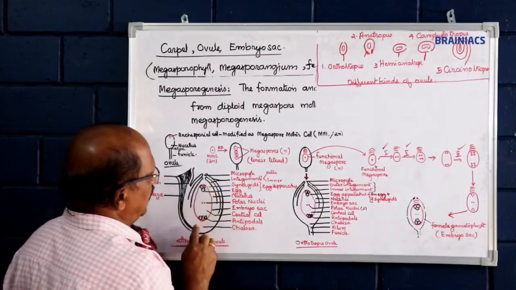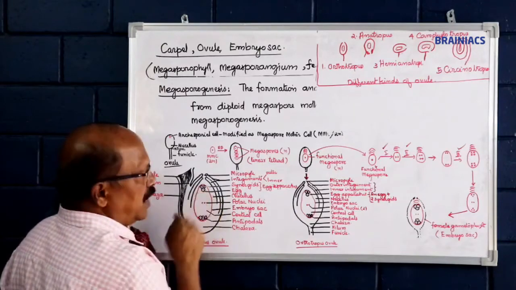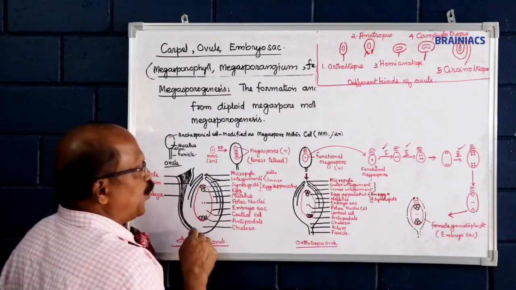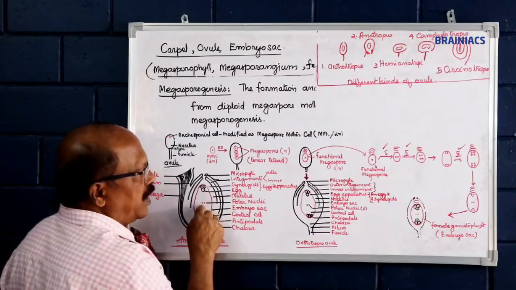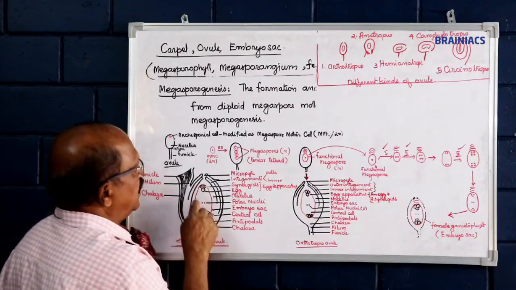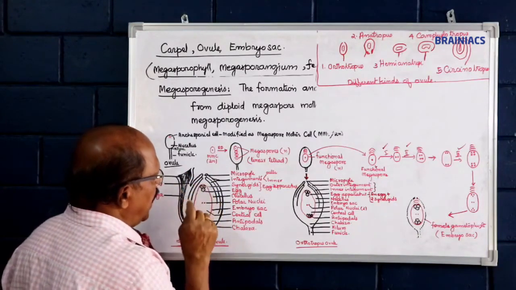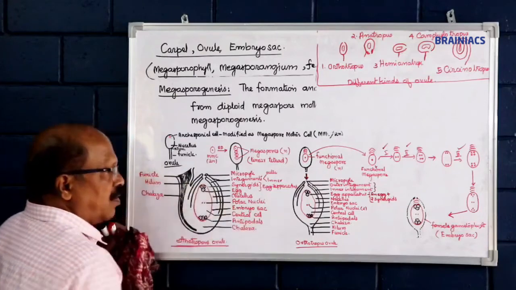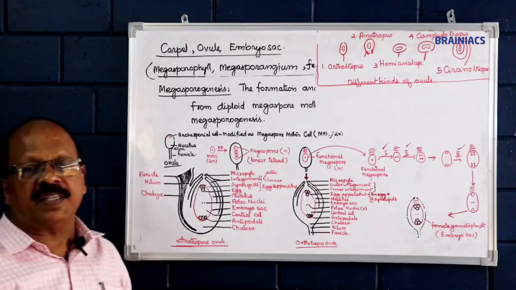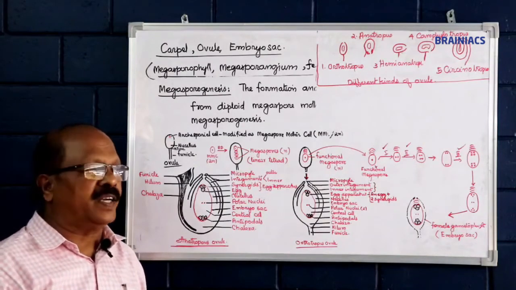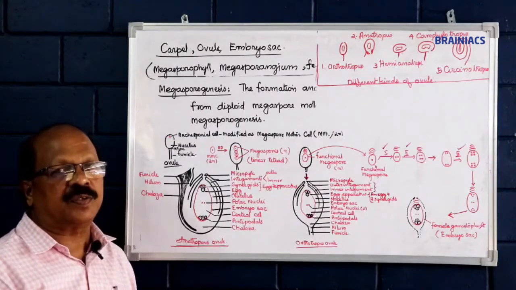The embryo sac contains 3 cells on each of the opposite poles, 3 plus 3, that is 6. Then a large central cell carrying 2 nuclei, dikaryotic, that is a single cell. So the 3 cells of the egg apparatus, 3 antipodals plus a central cell constitute 7 cells. So a 7-celled, 8-nucleate condition is there in a typical embryo sac of angiosperms.